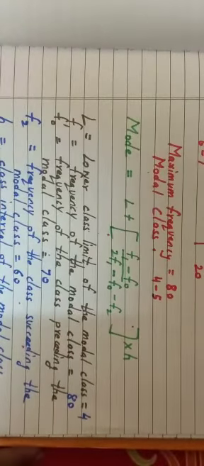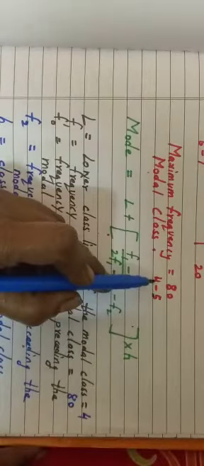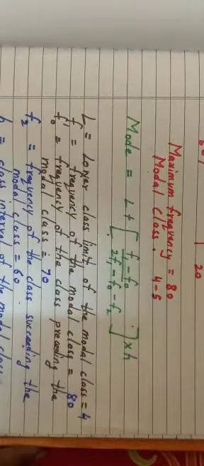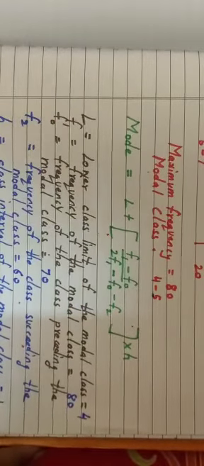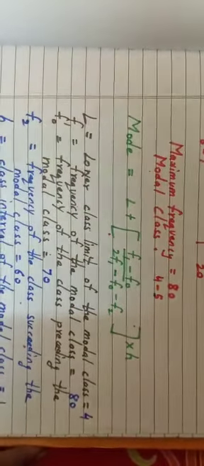And class interval of the modal class, upper limit minus lower limit, 5 minus 4, that is 1. So you have got all the values. Now these all values we have written once again.